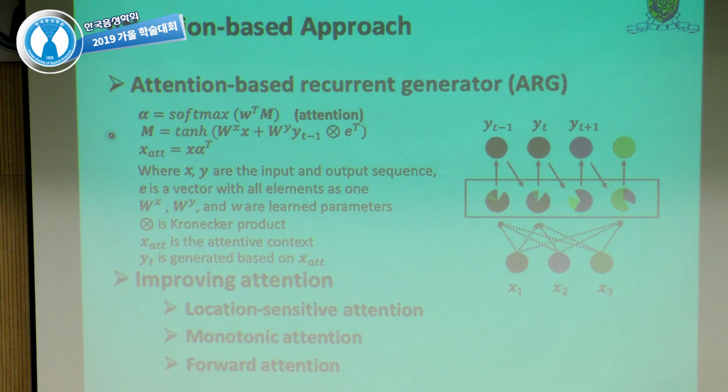So here, researchers propose the location sensitive attention. That means when you predict the attention, it should concern which part of the speech it is at. So it's probably in the middle part of the speech. The model probably should not focus on the very beginning part or the very end part.